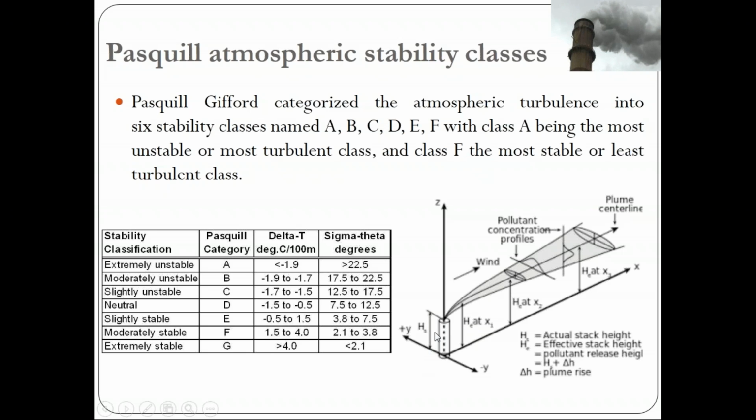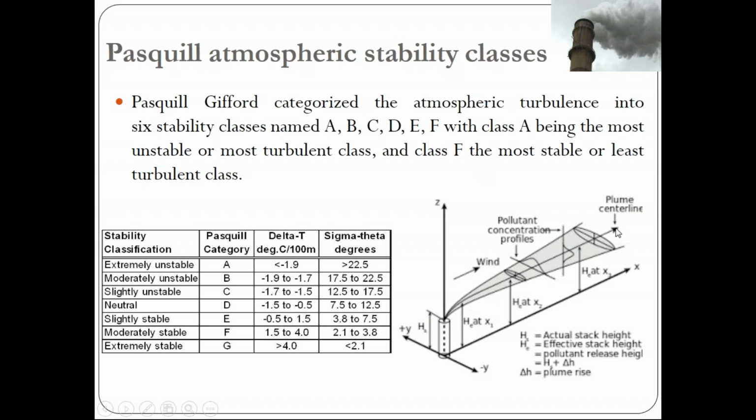On this basis, the ground level concentration can be calculated using the Gaussian plume model. Here you can see the wind blowing from this side, and this is the downwind direction. Under this downwind direction only, the plume center line will be there.